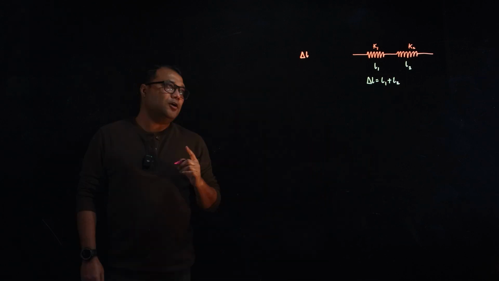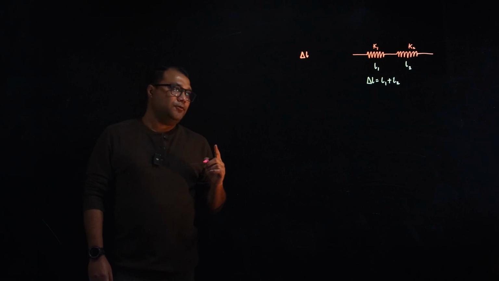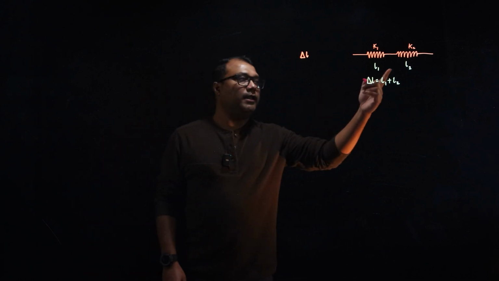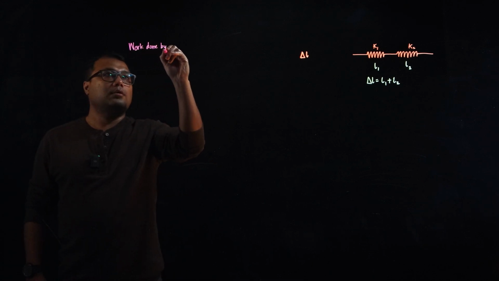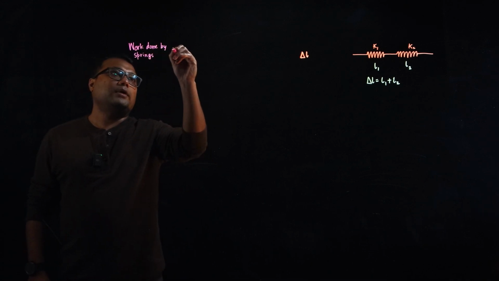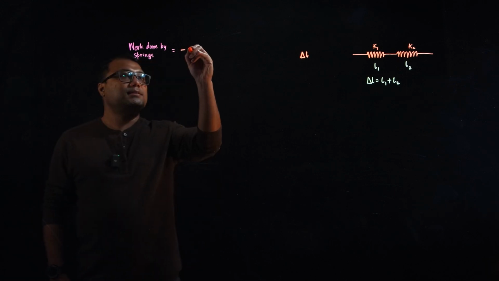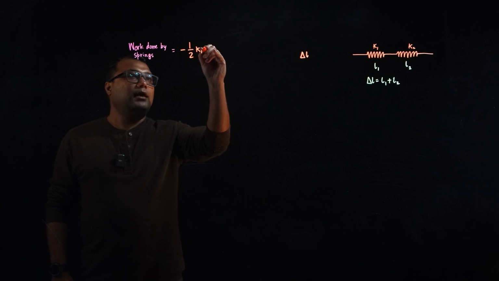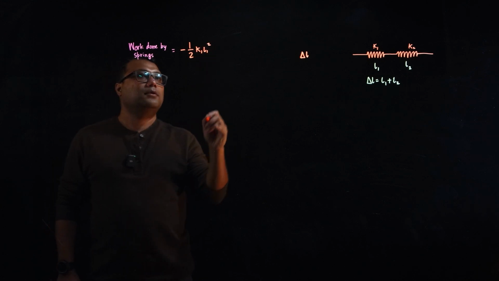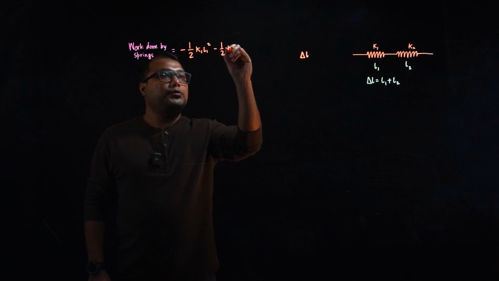Now work performed by these springs when elongated by L1 and L2 respectively, we can write that as minus half K1 L1 square minus half K2 L2 square.